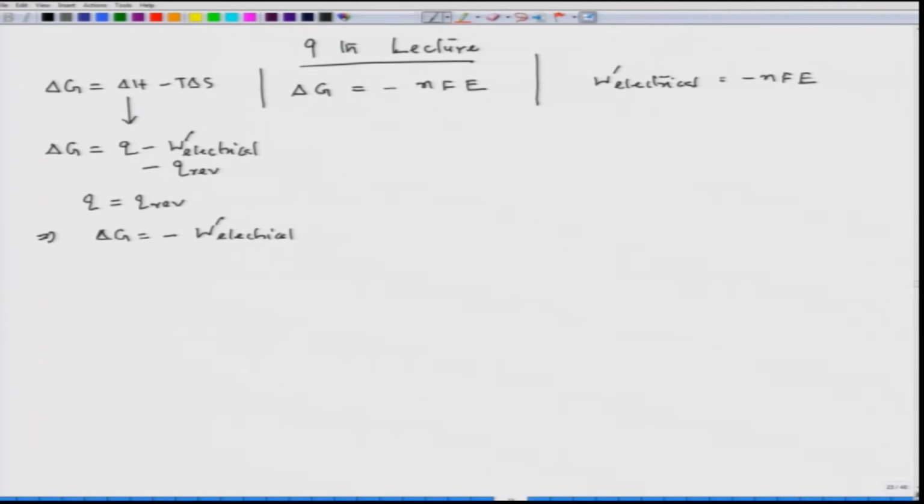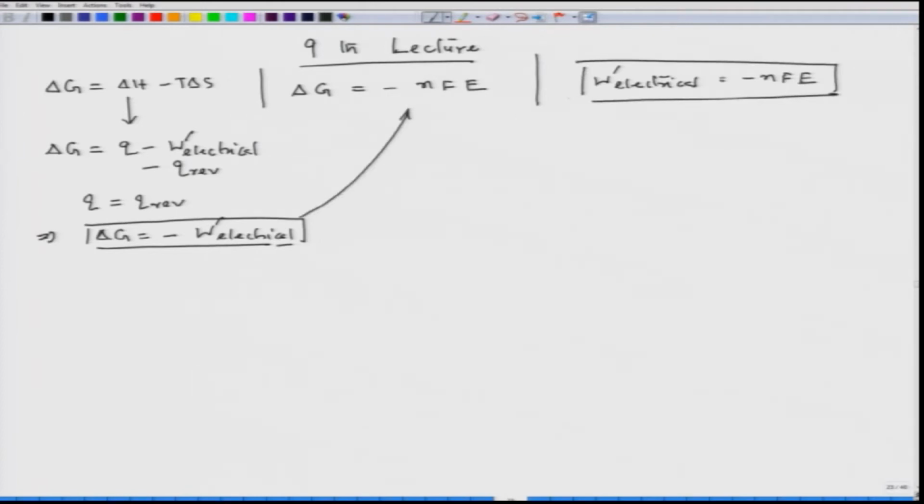That one also we have seen. And from these two conditions, since this is one relation and this is another relation, we got to this relation. Now, this is the maximum work that is possible when we have 1 mole of substance either coming into the solution or getting deposited on a metal surface.